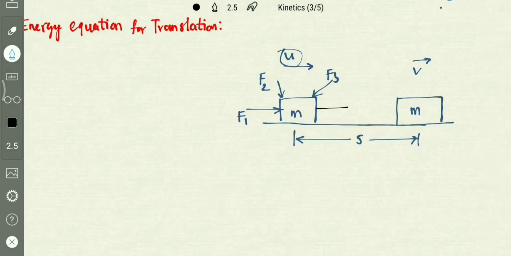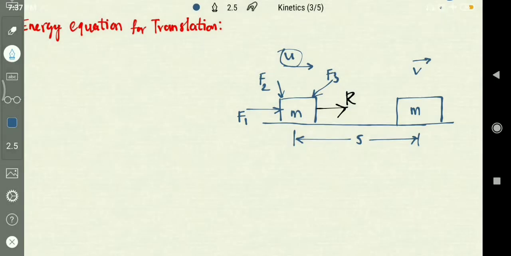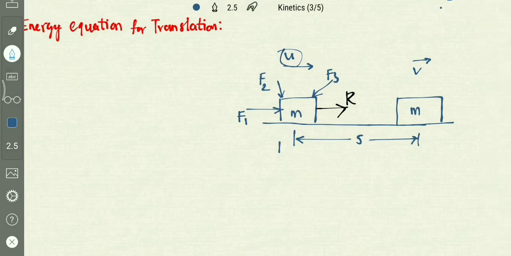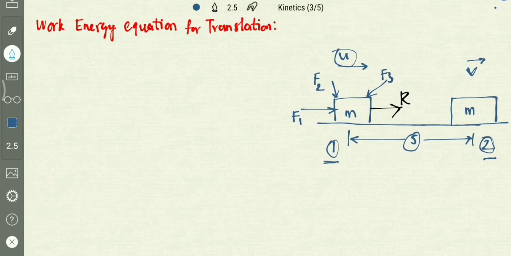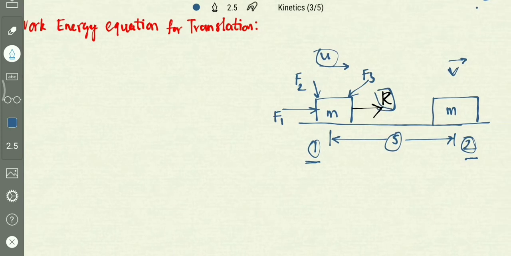Due to application of forces, say the resultant of all these F1, F2, F3 forces is R. It reaches a second position. Firstly it is at position number 1, and it reaches position number 2 after traveling a distance s, and it reaches a velocity v. Firstly it is traveling with initial velocity u, and a force R is applied, and it travels up to 2. It reaches velocity v.